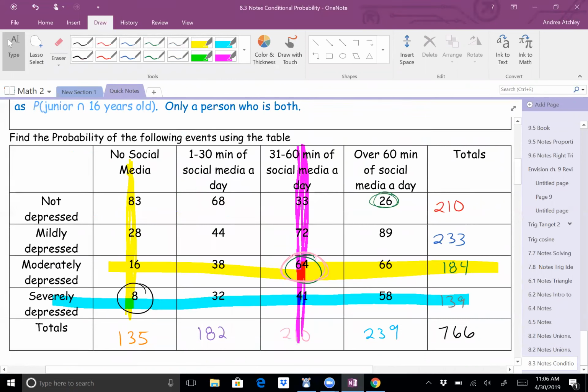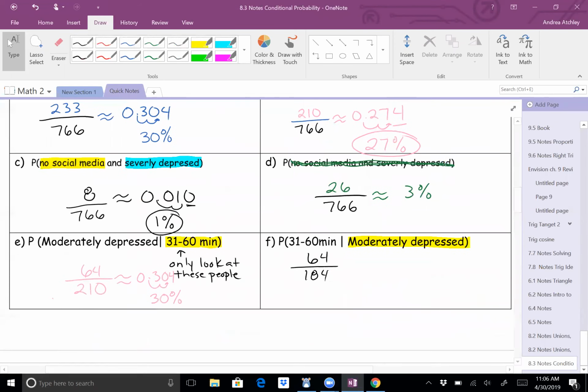Okay, any questions over that? Okay, so then that gave me what percentage, class? 35%. We're good.